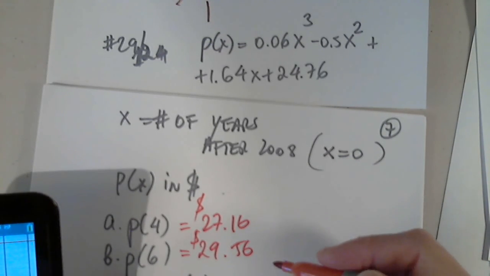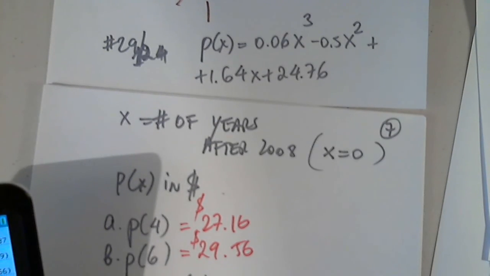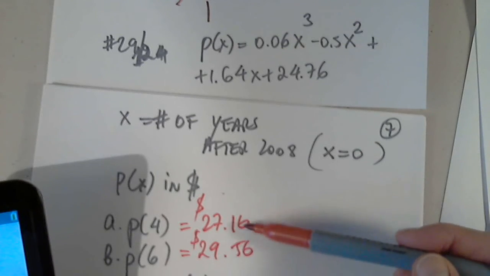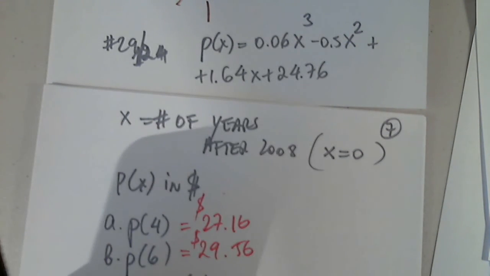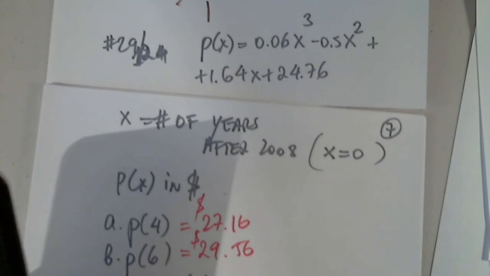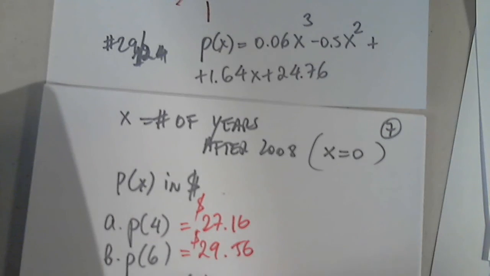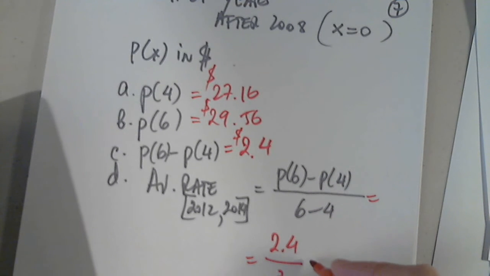Now when I subtract those, what do we get? And finally, I'm just going to divide this difference by 2. So what was the difference? 29.56, I'm lazy at this time. What do I get? I got 2.4, and this is dollars. So 2.4 divided by 2 is 1.2.